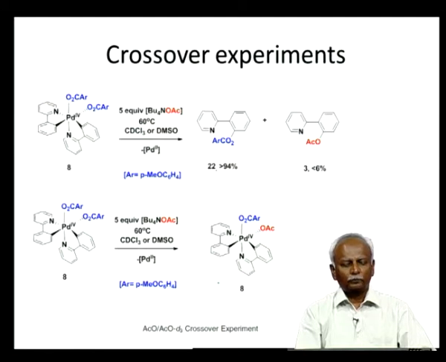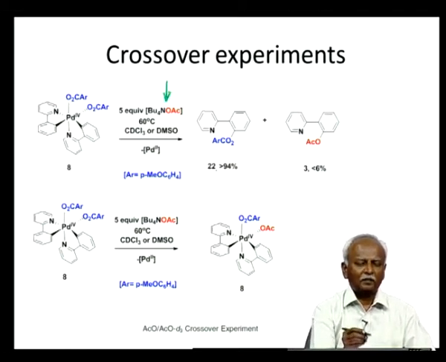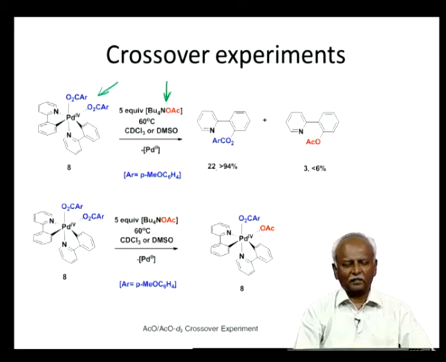They took 2 aromatic carboxylates, and these aromatic carboxylates were added on to the palladium 4, and now after exchanging with acetate, they carried out the reductive elimination. If reductive elimination is carried out from this species, because you have 5 equivalents of the acetate, this carboxylate would now be replaced by an acetate.